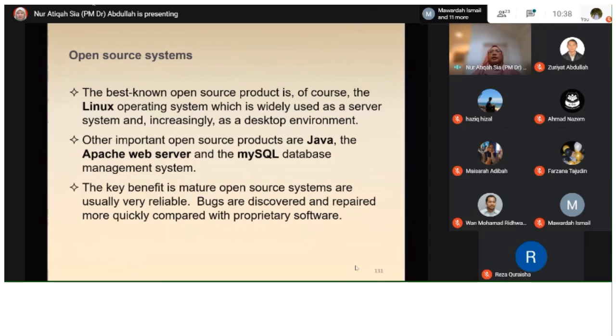But for open source, if you send in your comment saying, I run this code, we have some bugs here, try to fix it, actually a lot of volunteer developers will fix it for you. Dia akan bagi suggestion, cuba yang ni, cuba extension ni, and then you can try and error.